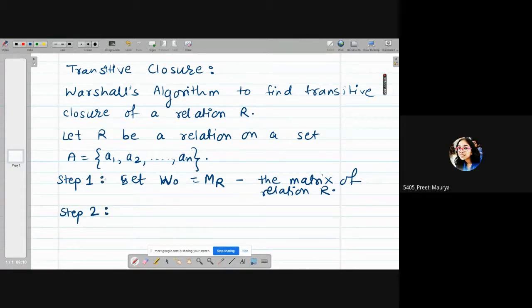The ordered pair which is present in the relation R, for that you will put 1. The ordered pair which is absent in the relation R, the corresponding element will be 0. So it will be a binary matrix every time. K is equal to 1. So you always start with the first.